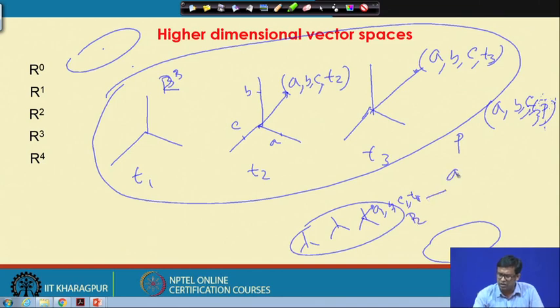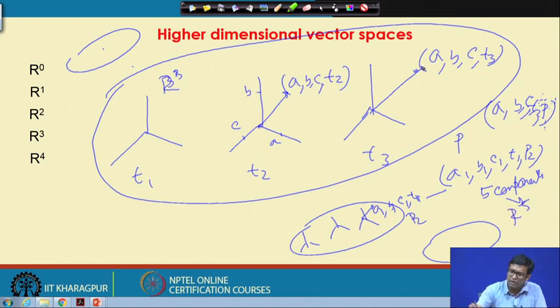So, the vector will be given by the components A 1, B 1, C 1, T 1, P 2. There will be 5 components and this will be in R 5. Now, I can add this vector with this vector and say that there is a resultant vector which probably goes to a different observation, a different time, and the distances along the x, y, z axes are different.